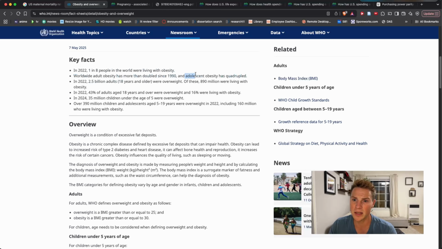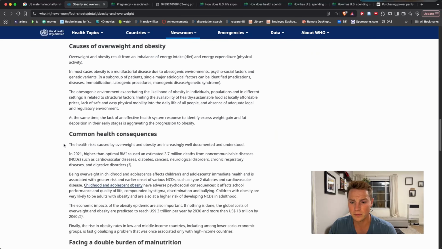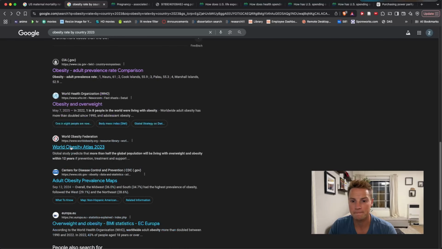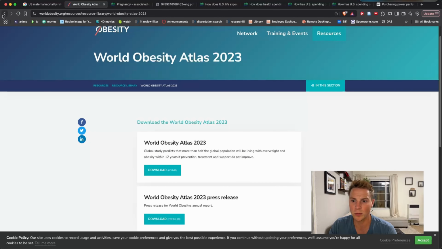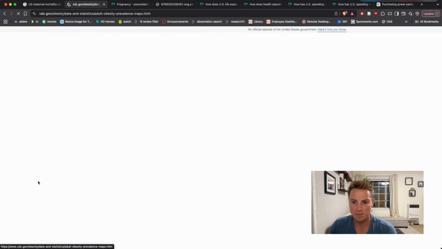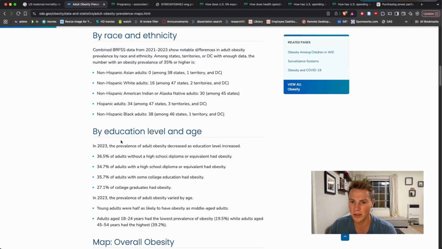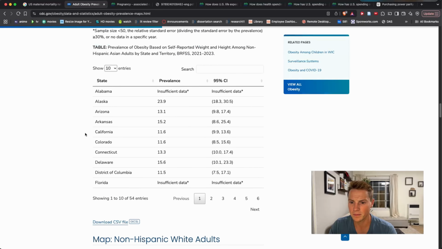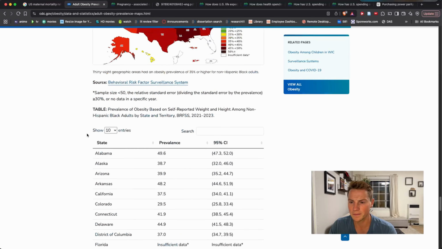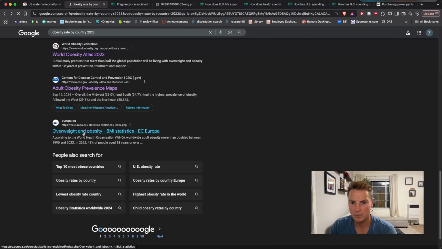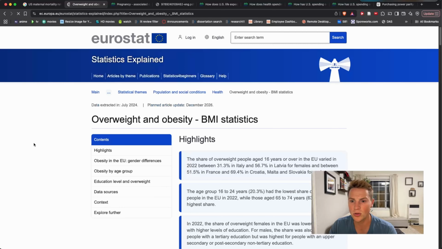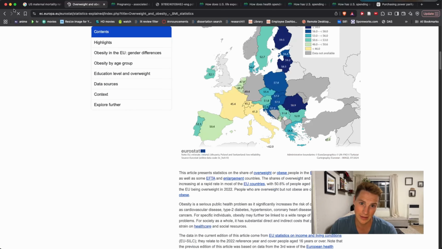Worldwide, adult obesity has more than doubled since 1990. Blah, blah, blah. World Obesity Atlas. Don't want to download more stuff. CDC. No, it's only the United States, I bet. .eu website. And that's only Europe.